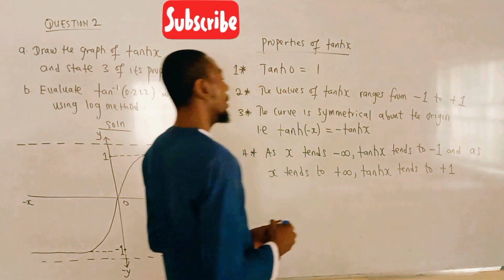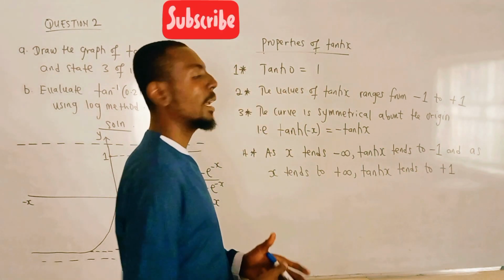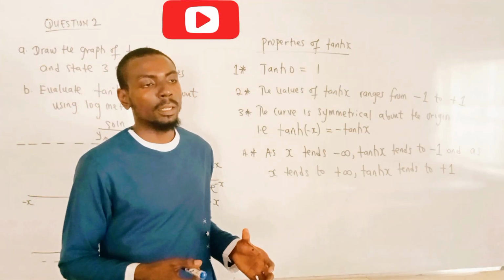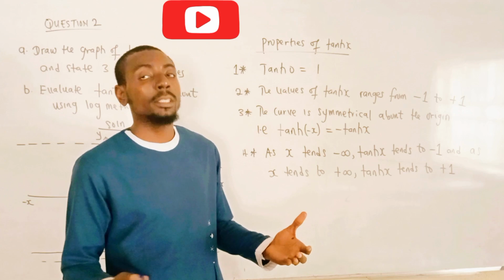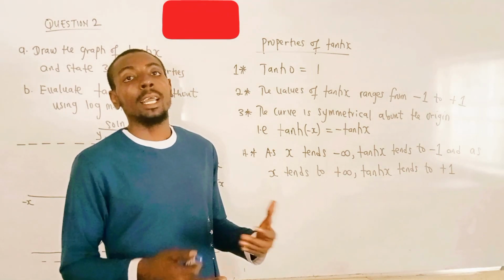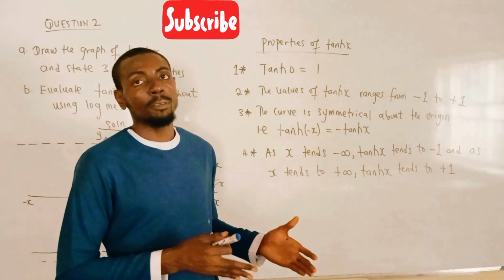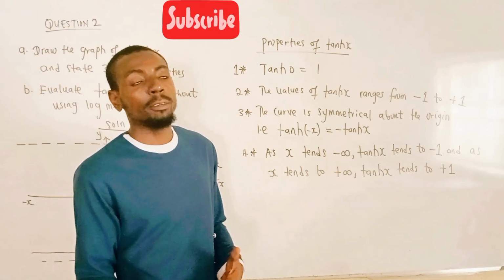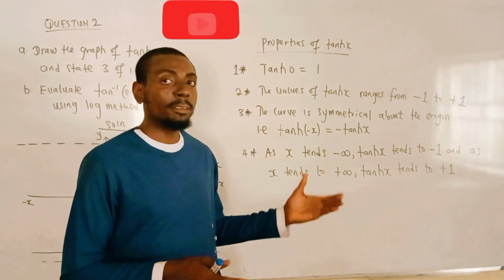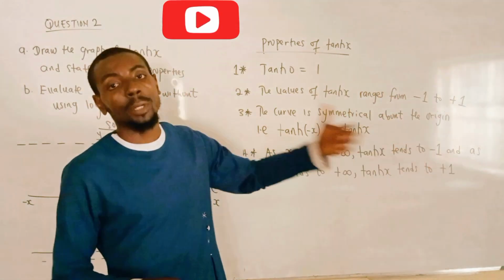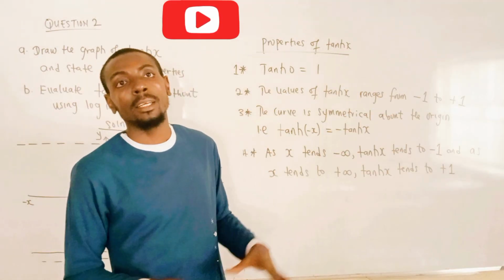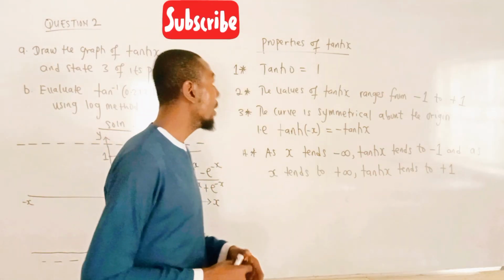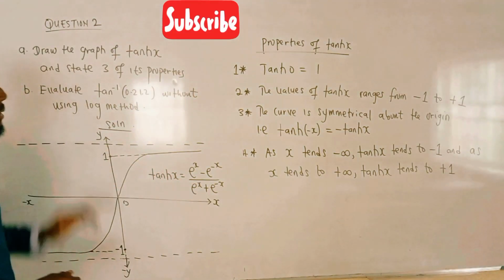Okay, so this tells you that the value of tanh of any number, no matter how big it becomes, ends in positive 1 if the number is on the positive side. If the number is on the negative side, no matter how big the number becomes, the value of tanh of that number ends in negative 1. Okay, so the next question is number B.